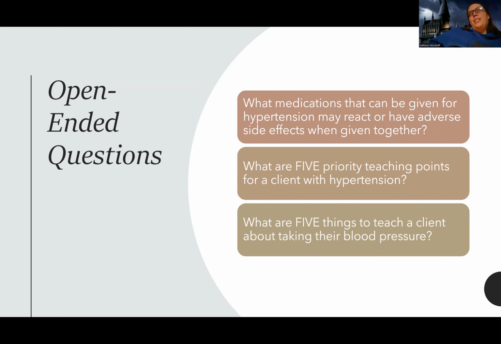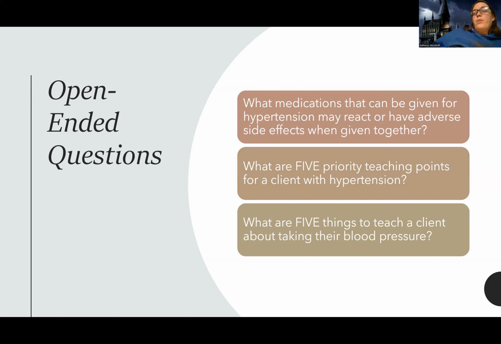We talked about thiazides, they can interact with NSAIDs as well. We talked about how any of the potassium sparing, we don't want to give with the ACEs. I don't want to give 2 vasodilators together. So erectile dysfunction and vasodilators can't go together.